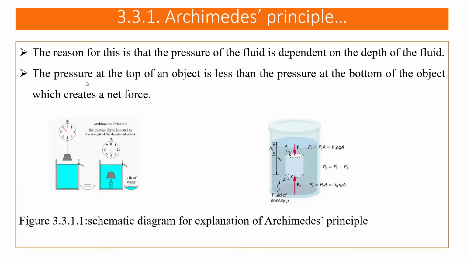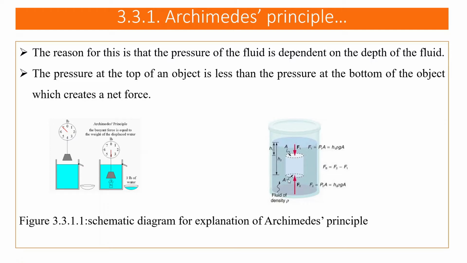So the pressure at the top of this object is less than the pressure at the bottom of the object, which means the force at the top is less than the force at the bottom. Force 1 at the top is calculated as pressure 1 multiplied by the area, so H1 rho g times the area.